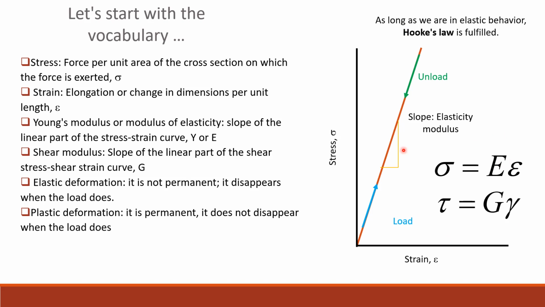Either stress equals Young's modulus times strain, or the same, but instead of a linear force, I have a torque, and instead of the linear deformation, I have an angle, so distortion. Okay.